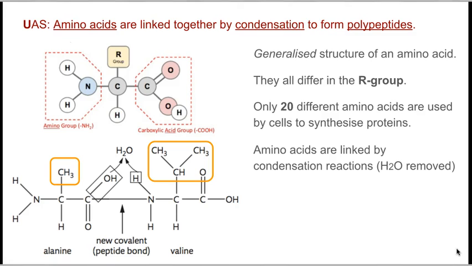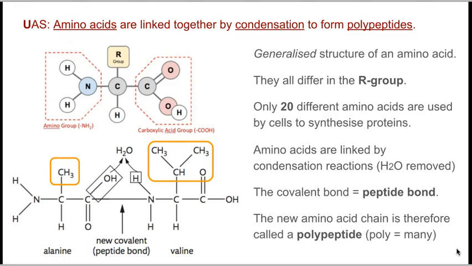Now the amino acids are linked by condensation reaction, and as always, water is removed in this reaction, and this forms a covalent bond. Now with carbohydrates, we saw the name of this bond is glycosidic bond. In proteins or between amino acids, it's called a peptide bond, a relatively strong bond, sharing of electrons.